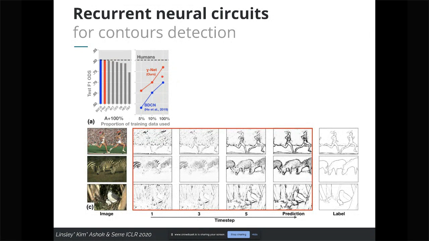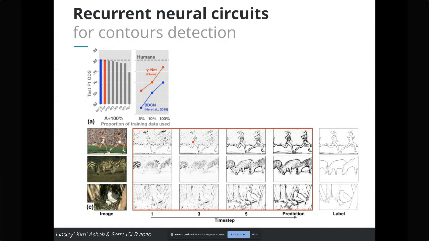To illustrate the difference in how this recurrent neural network solved the task compared to a feed-forward neural network, here are different images. At t=1, the network produces an initial set of predictions for the presence of contours. It's very noisy. There are many contours that are missing. There are many spurious ones.